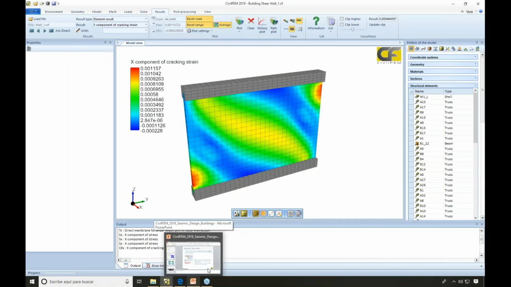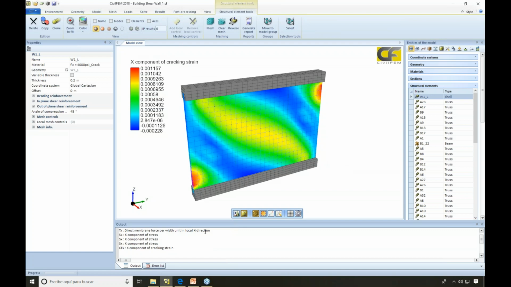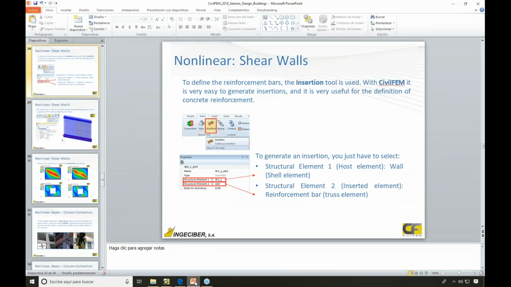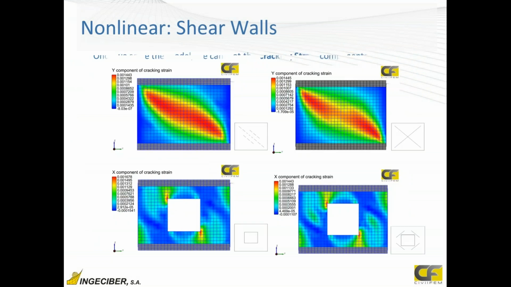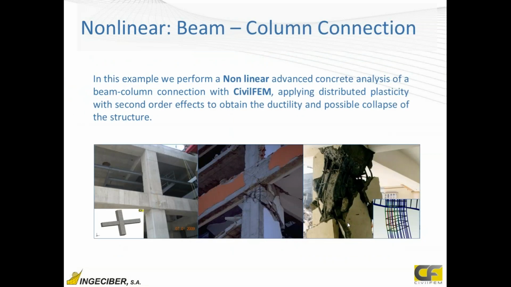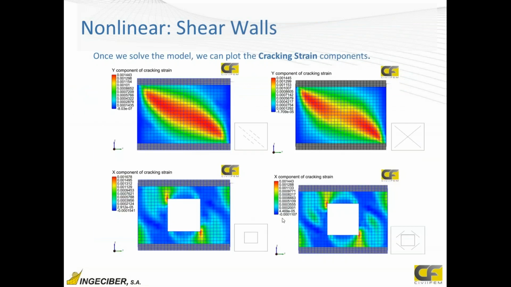Here you can see that this configuration will give us these cracks. Okay, and depending on the different configuration of walls, we can check the strain, so we can decide which will be the optimum one.